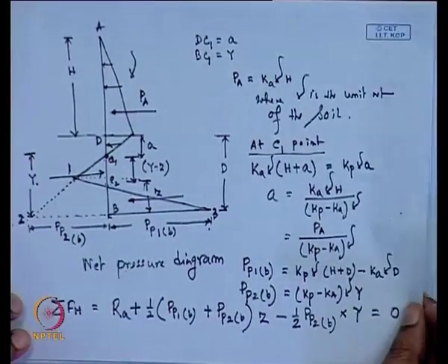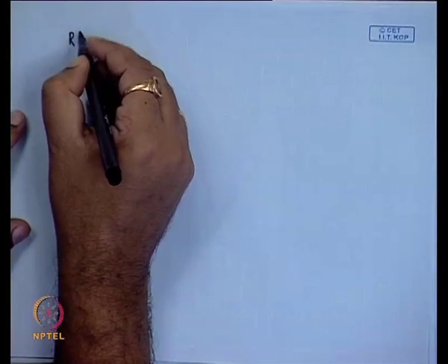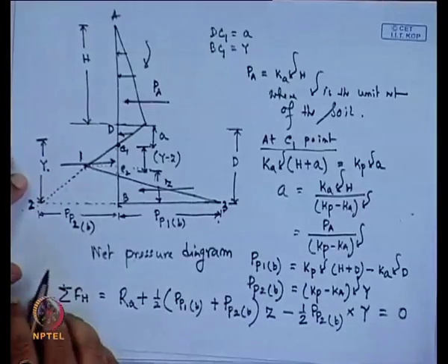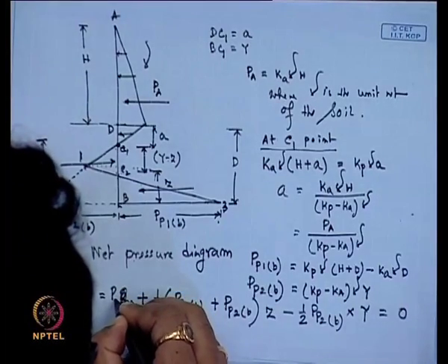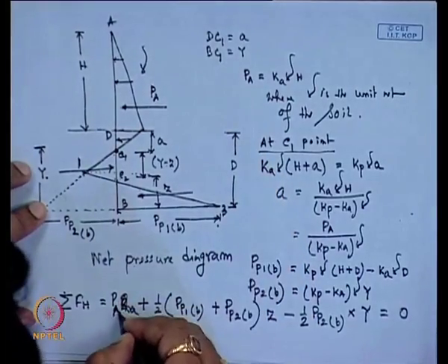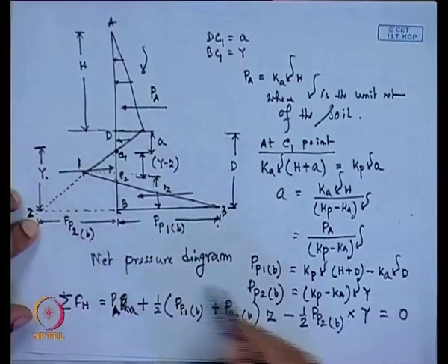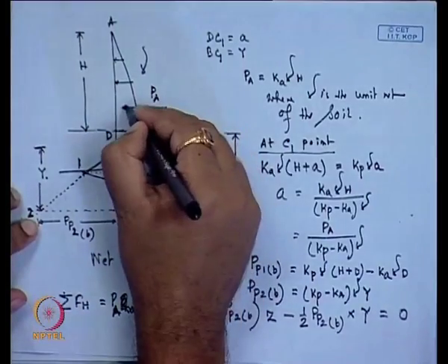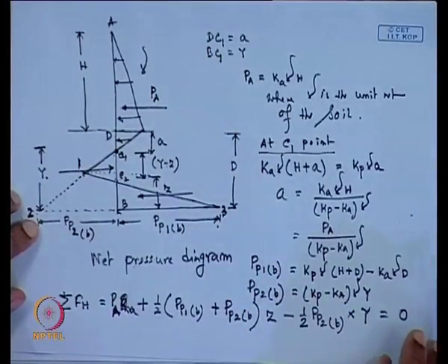So, now from these forces, if I write that again, that is R A, or we can write this force, this is P A, because here this is P A. So, we can write this is P A plus P P 2 B plus this triangle. So, this P A is the total force for this upper portion.